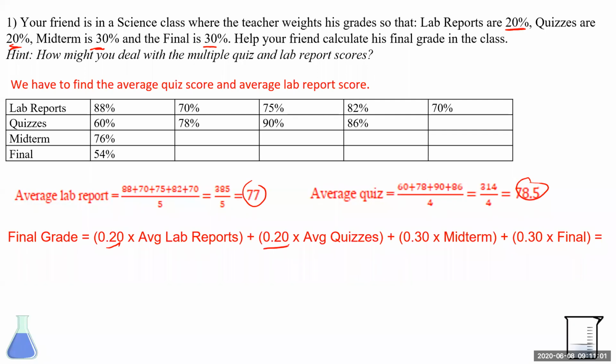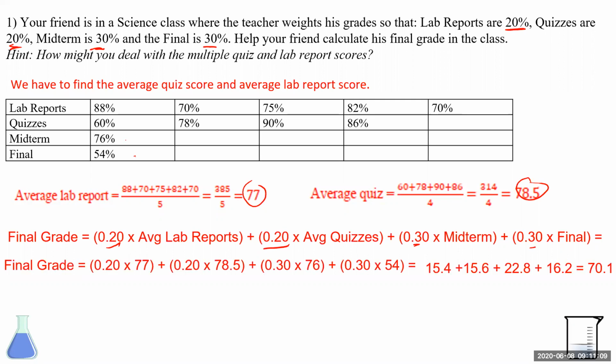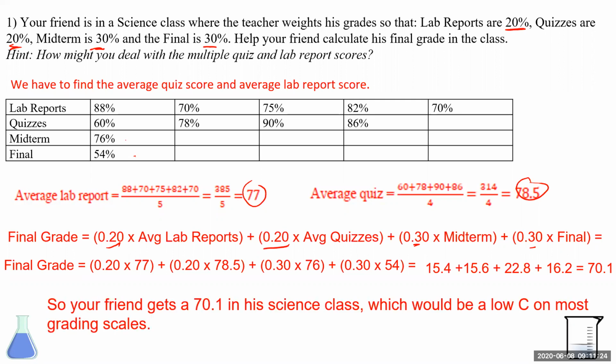And then for the midterm, because the weight is 30, you multiply by that, and then the final by that, and that will give you your friend's grade for the course, for the science class. Right, nice. So your friend makes a C.